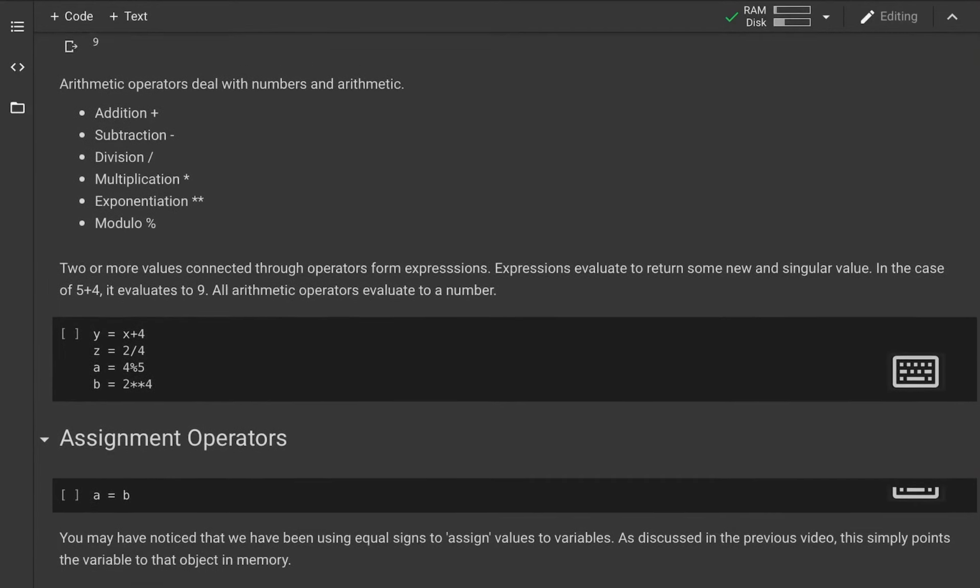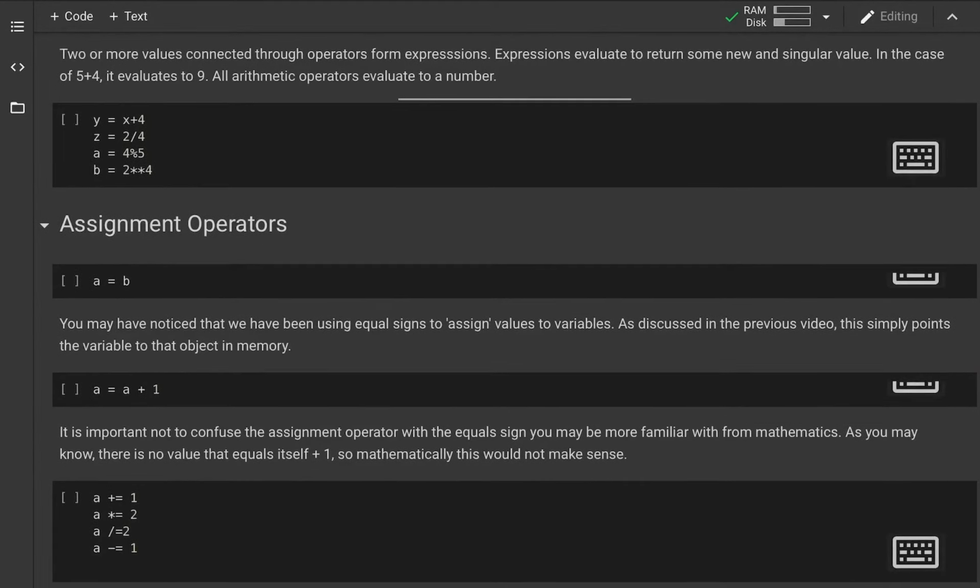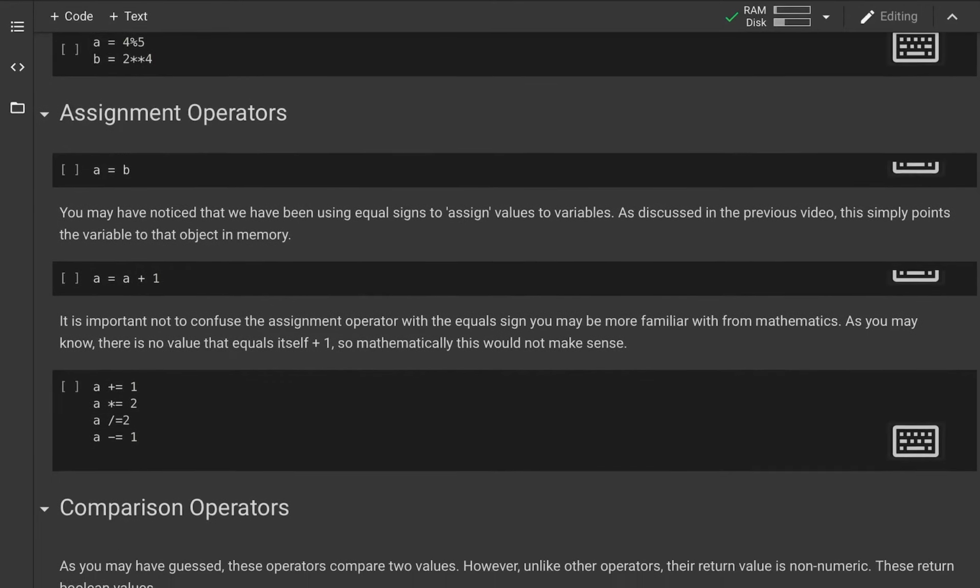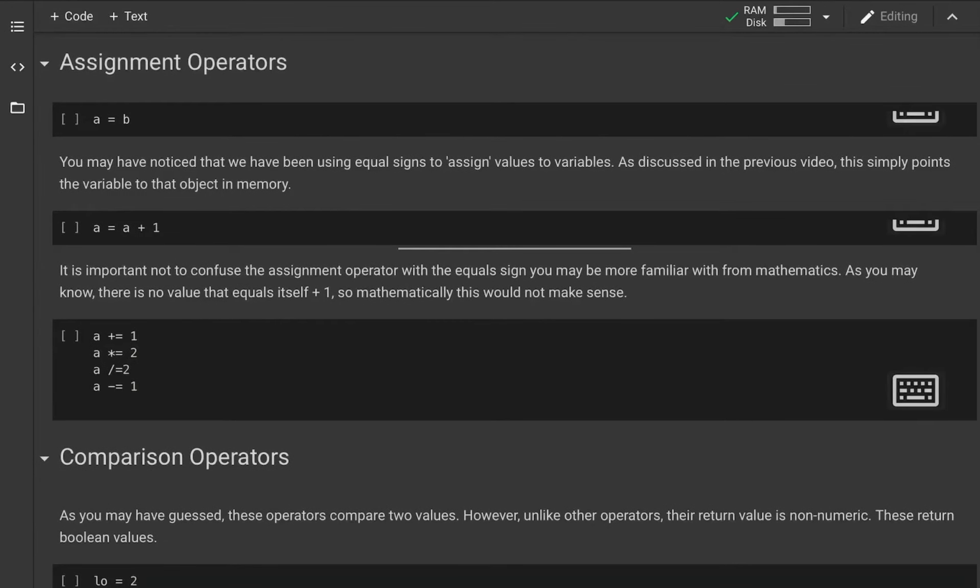So here are some more examples of just using mathematical and arithmetic operators. So we have addition, division, modulo, exponentiation, all being put on display here. So that's the main concept behind arithmetic operators. But then we have assignment operators, which are extremely common.